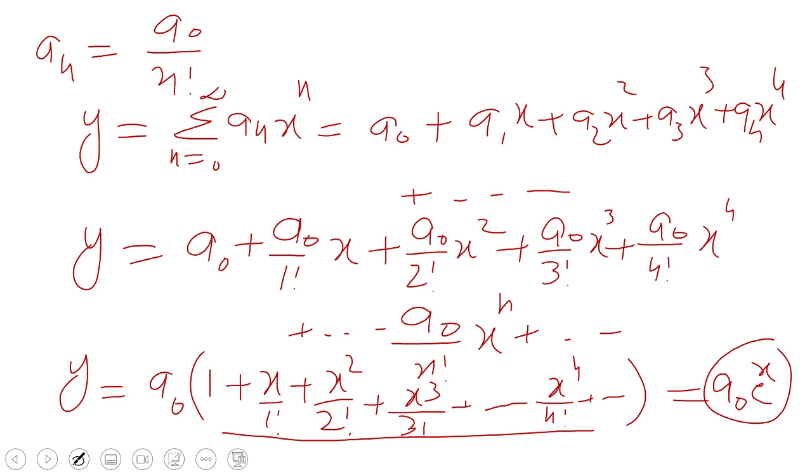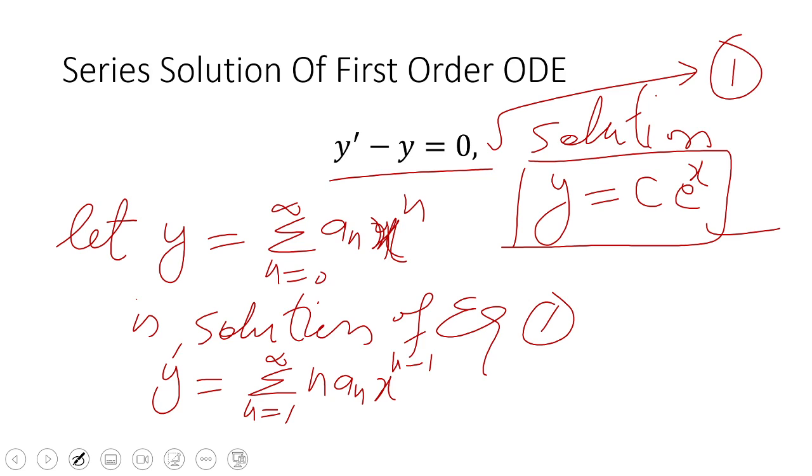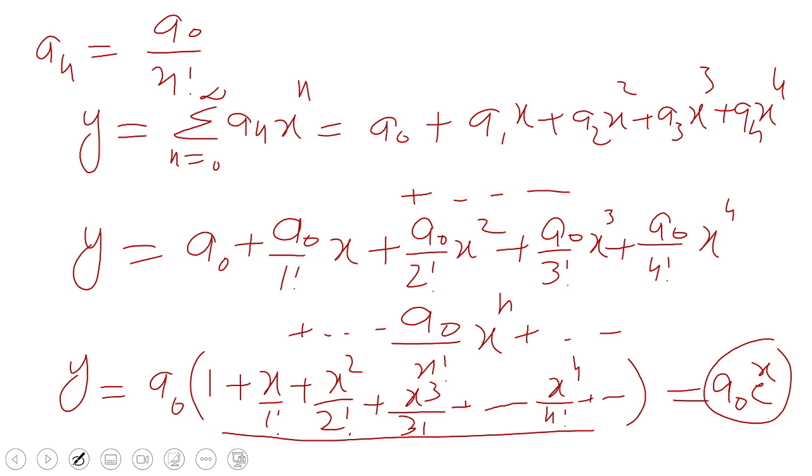So I take the ordinary point x naught and take this series solution, and the main job here is to find a_n. So we find a_n, put it here, and we see that this solution is exactly obtained by the series solution. So this means that the series solution works well. Thank you.